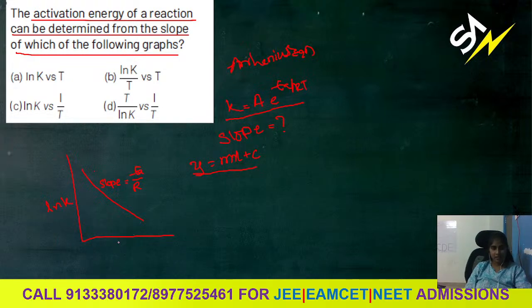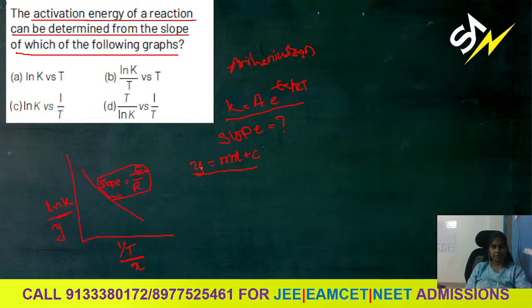Since we are applying logarithm, this becomes ln, and 1 by T becomes the x term, since it is on the x-axis. This ln k will be the y term, and the slope will be minus Ea by R, since from this slope we can get the activation energy.